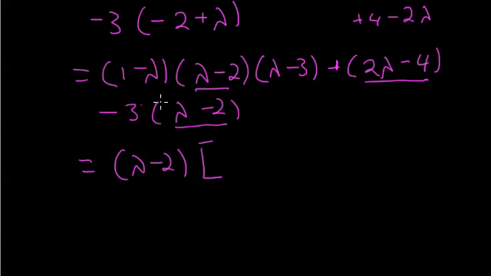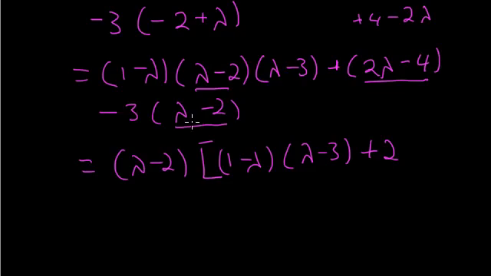From the first term, I have 1 minus lambda times lambda minus 3. From the second term, I have 2 left over, and from the last term, I have negative 3. So this is lambda minus 2.